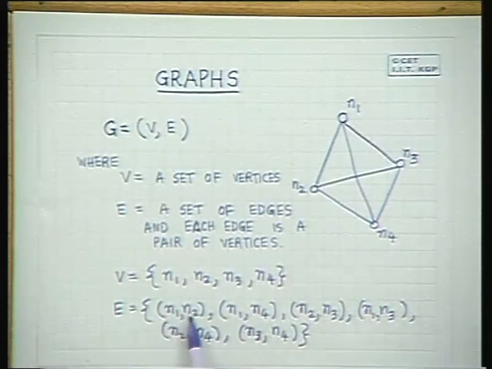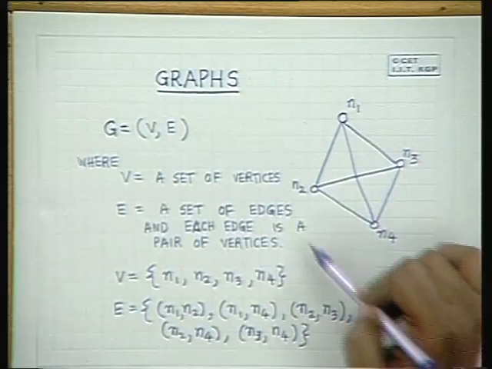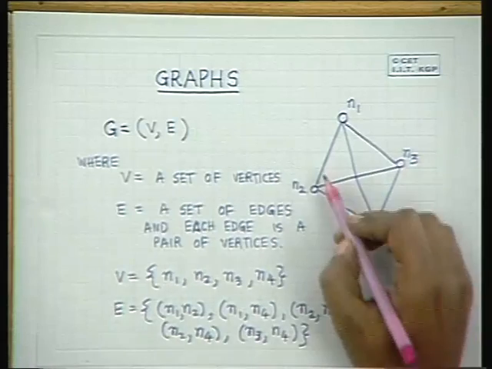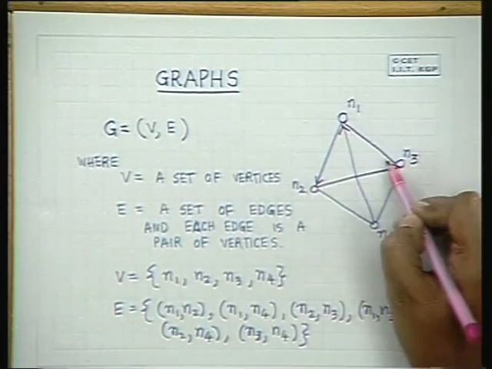Now here this pair is an unordered pair in the sense that N1, N2 is the same as N2, N1, but because this is an undirected graph. Graphs can also be directed, and directed graphs are represented by arrows. Every edge will have an arrow.